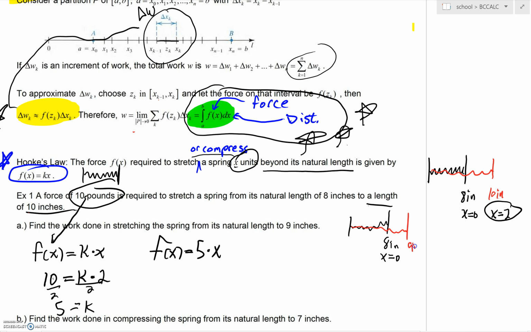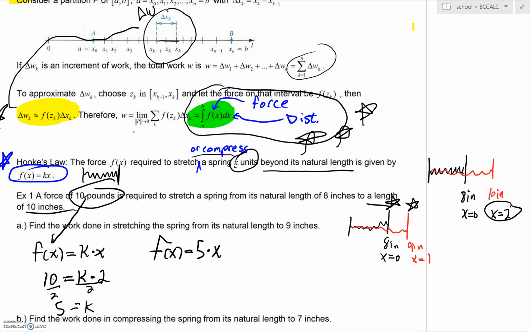Right over here. And that would be x equals 1. We're 1 unit to the right of its natural length. Well, we're trying to calculate the work done going from here at 8 inches, ending at 9 inches.